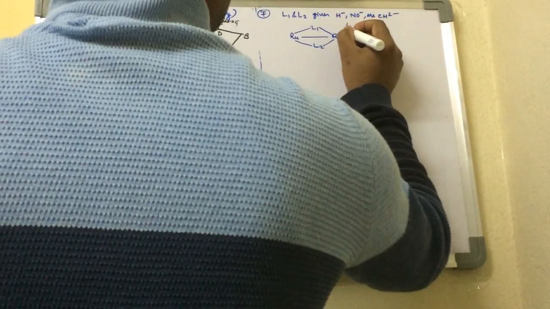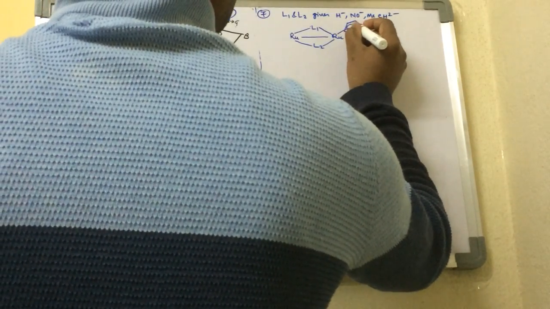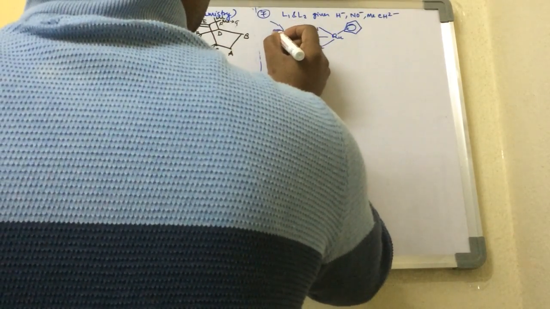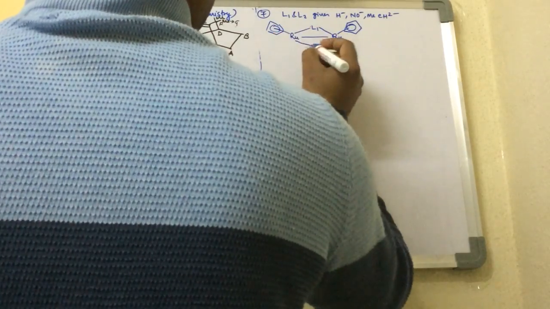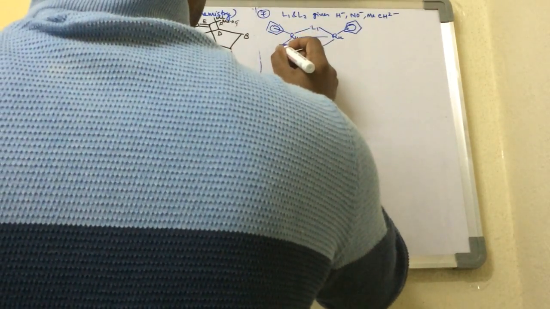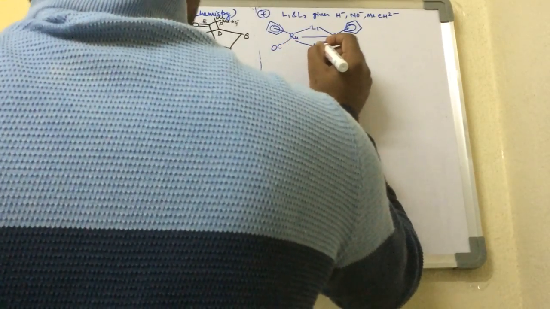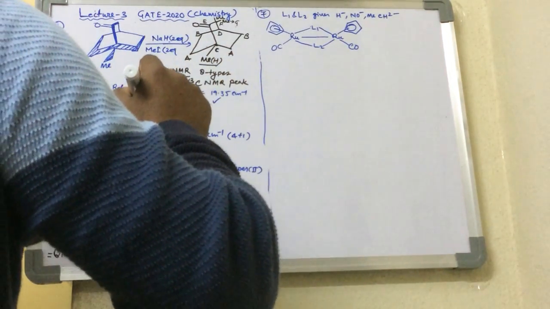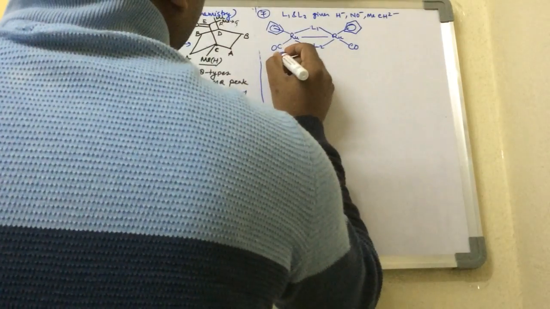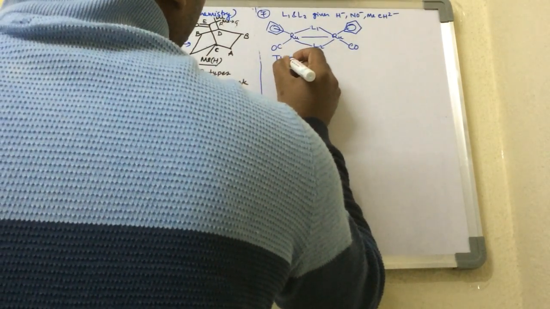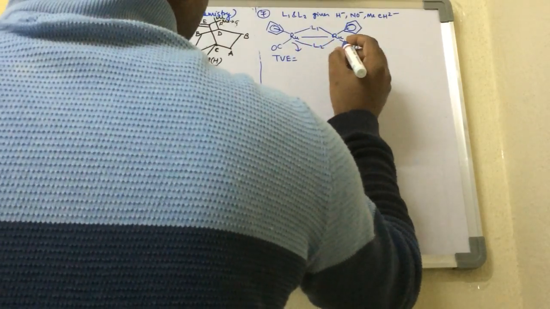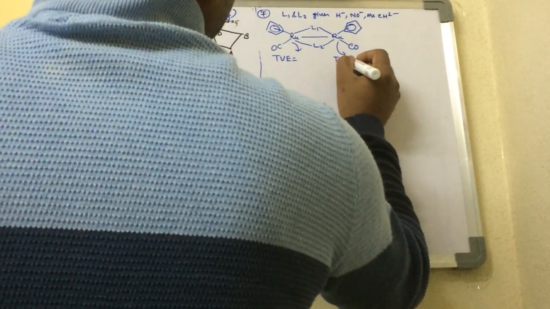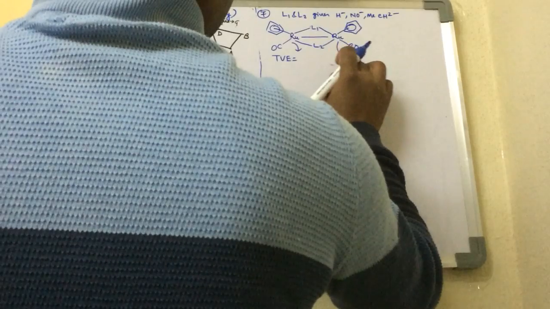This is a 5-member ring, and this side is also a 5-member ring, and this side carbonyl, and this side also carbonyl. So first you have to calculate the total valence electrons for this ruthenium, not only for this one, because both are the same.